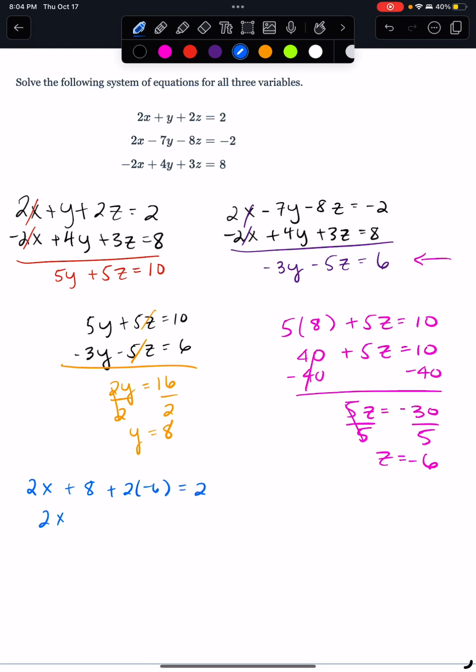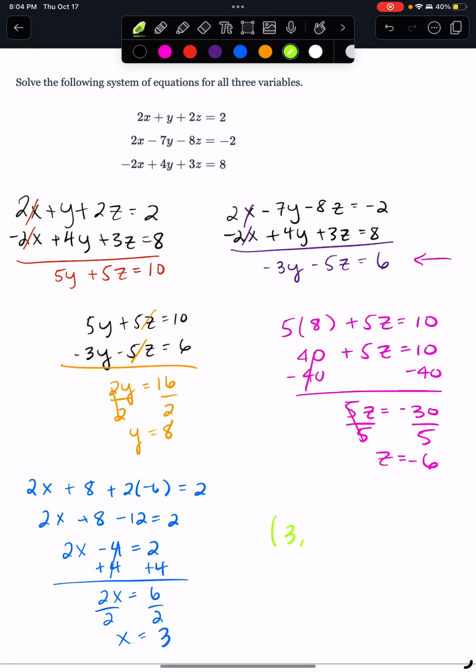So we get 2x plus 8 minus 12 is equal to 2. And we can simplify, so 2x minus 4 is equal to 2. And now we're just doing inverse operations after we've combined like terms. And we get 2x is equal to 6, and then we'll get that x is equal to 3. So if I want to write my final answer, it's going to be the solution of (3, 8, negative 6).